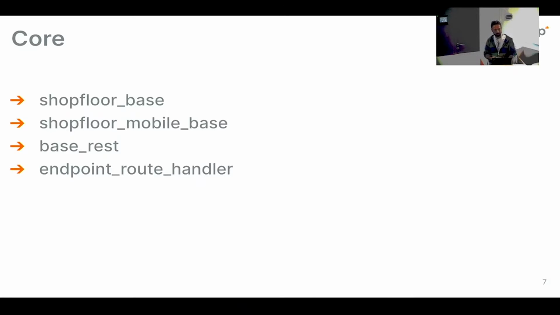There is a model which is Shopfloor App, and you can basically create as many applications as you like. They are automatically registered. The routes are automatically registered, which means that potentially you could have an app for WMS and at the same time an app for the shop and an app for field service, if you like it.